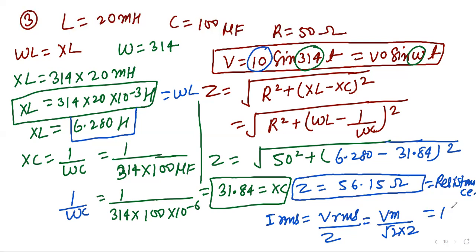So put here 10 upon root 2 into Z. This is Z, the impedance, which is 56.15. Right. So after calculation, you will get IRMS as 0.1259 ampere.